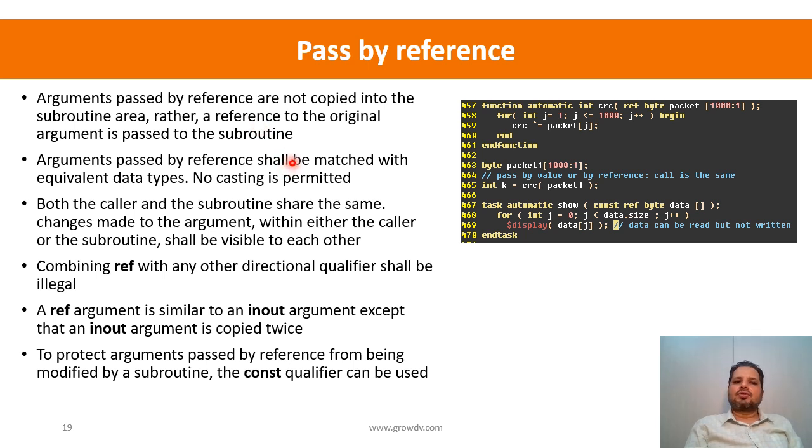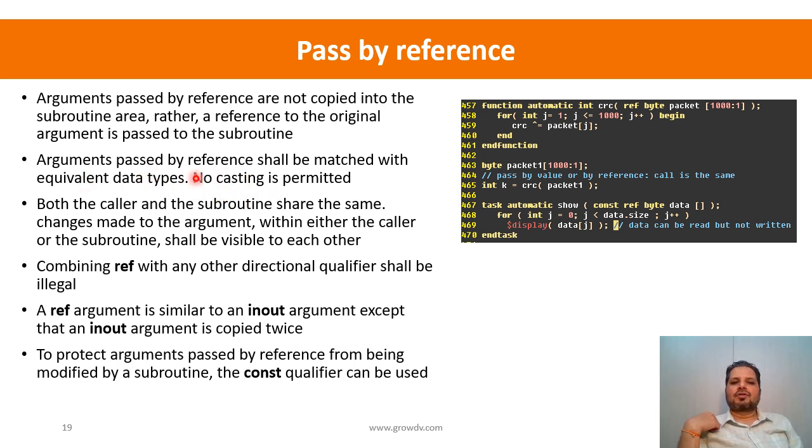Instead, the reference to that original variable gets shared with the subroutine. It's like the caller has allocated a common variable, and the reference to it is the same shared area. Both the subroutine as well as the caller work together; it's not a different area that is created.